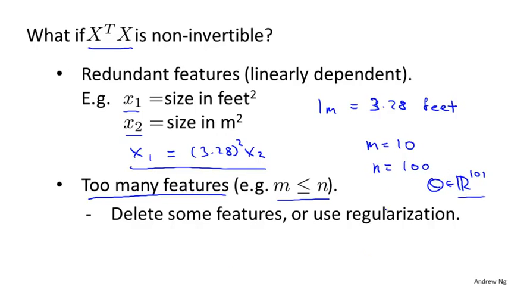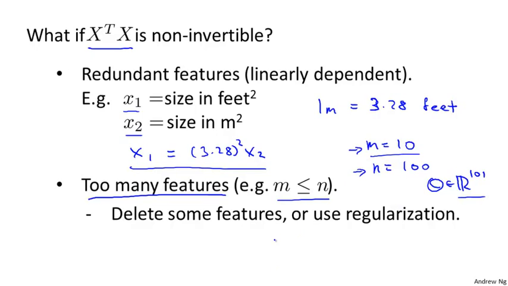You're trying to fit 101 parameters from just 10 training examples. This turns out to sometimes work, but not always be a good idea, because as we'll see later, you might not have enough data with only 10 examples to fit 100 or 101 parameters. We'll see later in this course why this might be too little data to fit this many parameters.